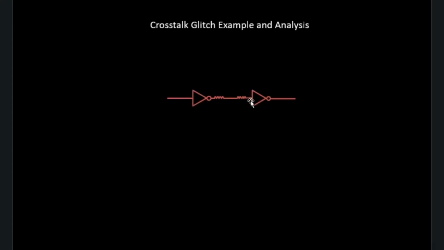Okay, so this is one small circuit, and we will be calling this particular set the aggressor, and this net the aggressor net. Why? We'll be learning that very soon. Basically, you will infer by yourself why it is called an aggressor.